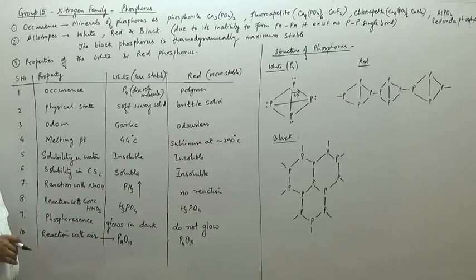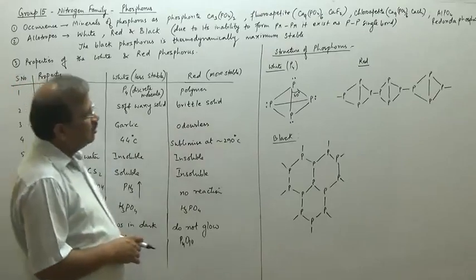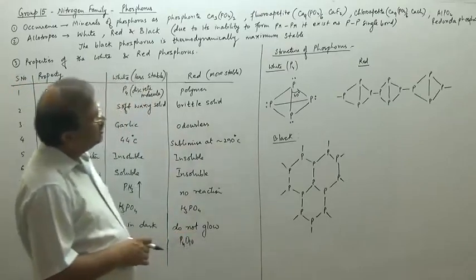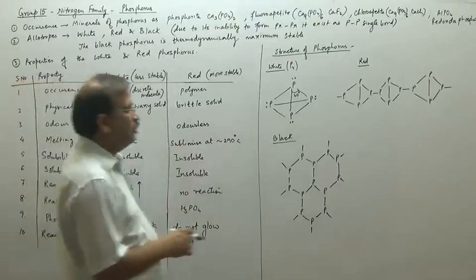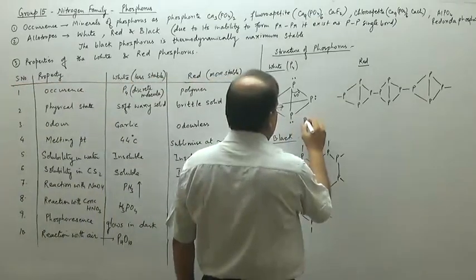Now we know that the red phosphorus and the black phosphorus are non-poisonous, but white phosphorus is poisonous.